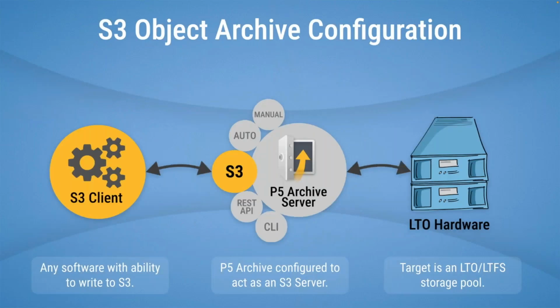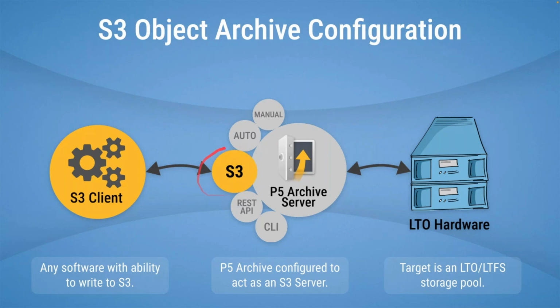This is a really big change, I would say, for the P5 Archive product. What we can do with the S3 Object Archive is configure your P5 archive server and LTO hardware, and then address that via an S3 server that P5 will host within the P5 software.